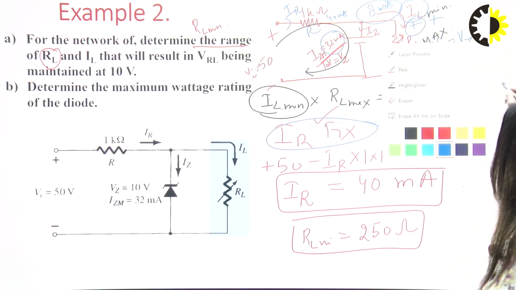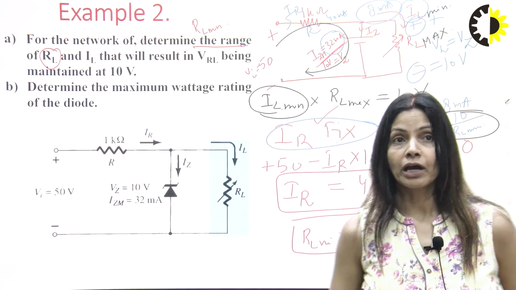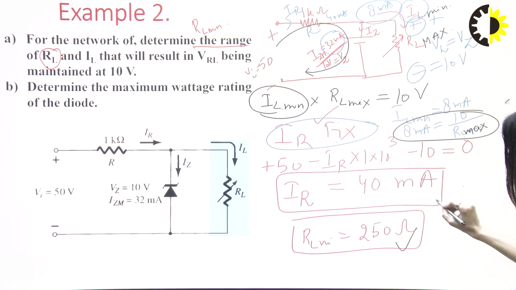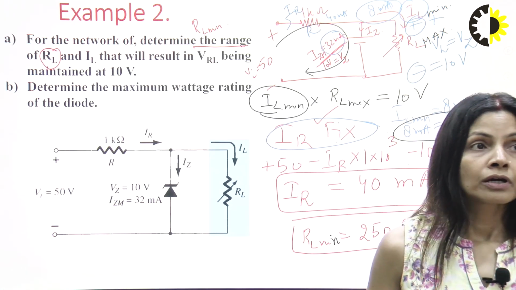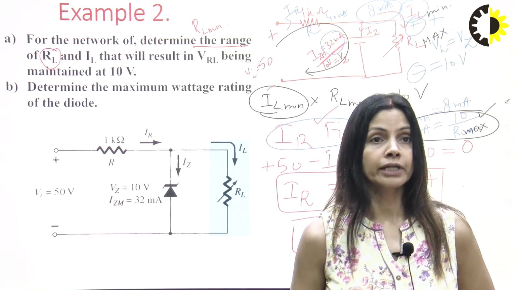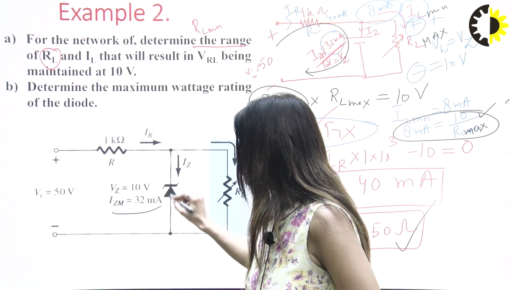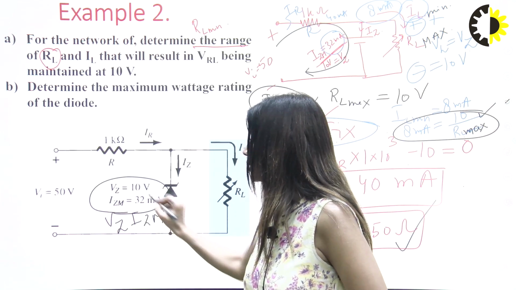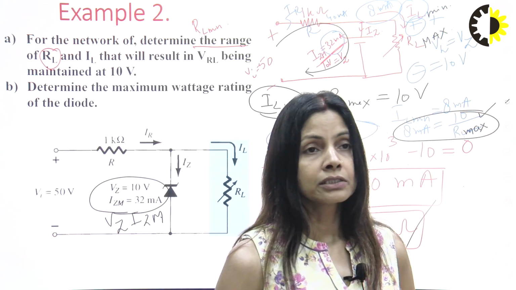So RL maximum is found by this formula, because here it is maximum now. We have already found RL minimum, and now we have RL maximum, so both are known. Now, coming to the maximum wattage rating of the diode, part B of the problem: the maximum wattage of the diode would obviously be Vz into IZM. Multiply these two and you get the maximum power rating of the Zener diode.